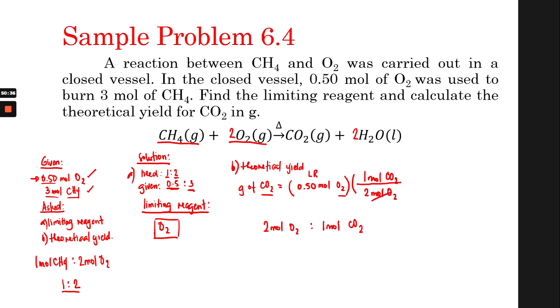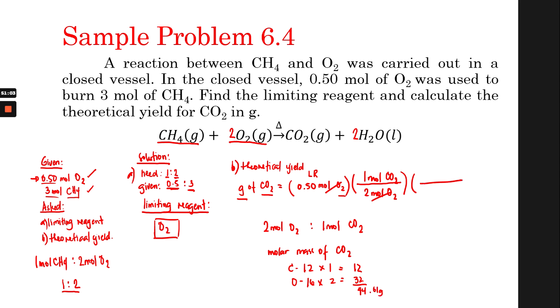So the moles of O2 get cancelled. And since we're looking for grams of CO2, and this is in moles, you have to find the molar mass of CO2. You have your carbon, which is 12 times 1, so that's 12. You have your O, which is 16 times 2, that is 32, so about 44 grams. More specifically, that's 44.01 grams.